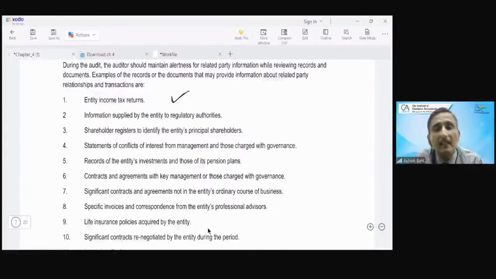Yes, Harshit, you are right. You have to see whether these transactions are at arm's length or not.